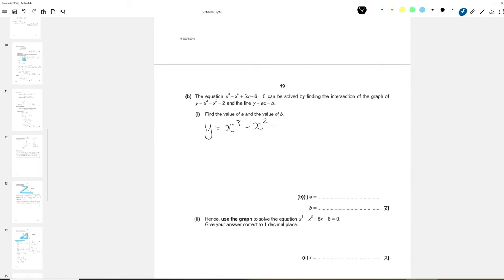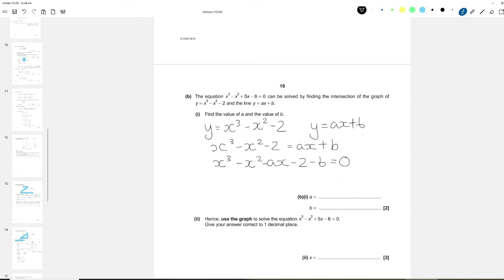So I have one equation here and the second equation here. Since they're both y equals, I'm going to make them equal to each other. So x cubed minus x squared minus 2 equals ax plus b. Now I'm going to move them all to one side by minusing ax and minusing b. So x cubed minus x squared minus ax minus 2 minus b equals 0.